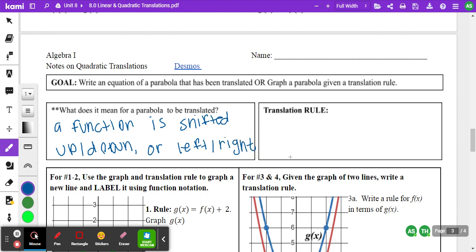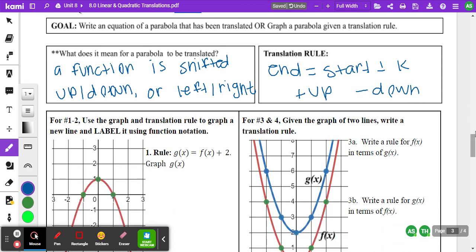And as far as our translation rule, it's similar to yesterday. End equals start plus or minus k, which is our shift. And if we are positive, we're moving up. And if we are subtracting, we are moving down.